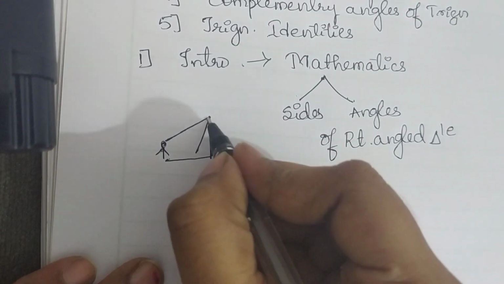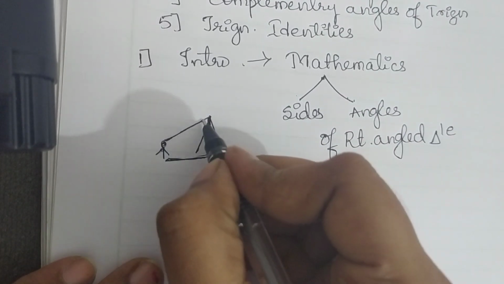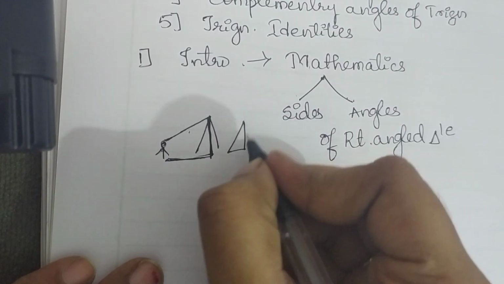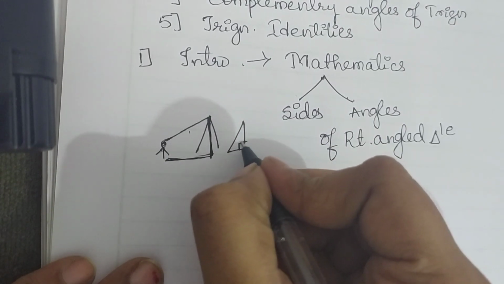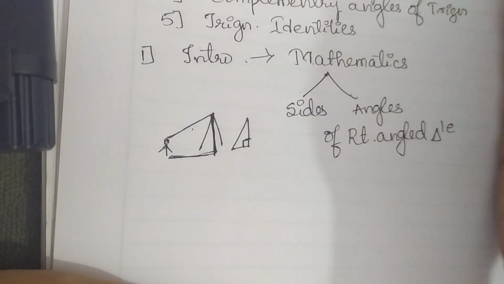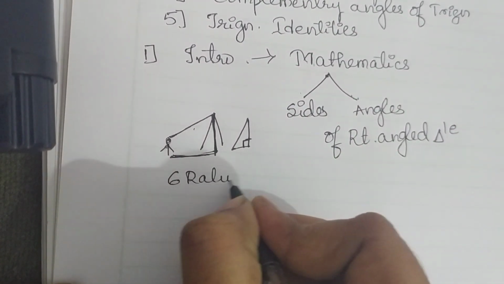So we are getting approximately a right angle triangle, where one angle is always 90 degrees. Based on this there are 6 ratios. Which are the 6 ratios?